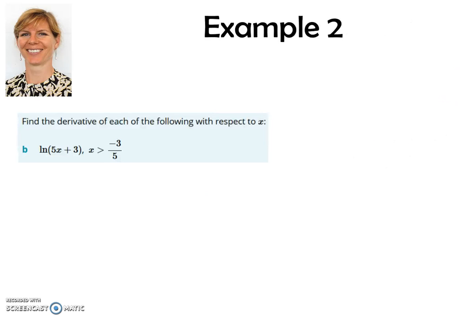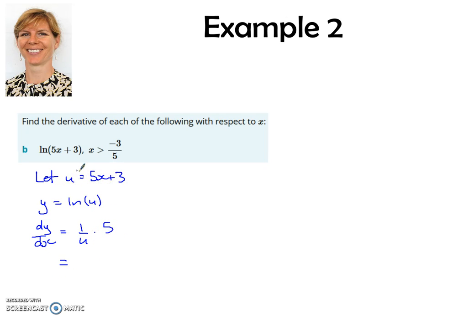Alright, so again we can look at this with the chain rule. So for this one we're going to say let u equal 5x plus 3. Okay, we're doing the same thing. So y then equals ln u. dy dx is going to be the derivative of y with respect to u, which is 1 on u, times the derivative of u with respect to x, which again is just 5.